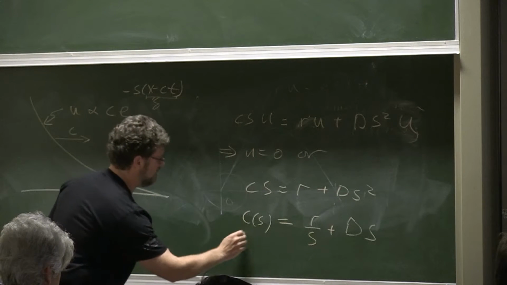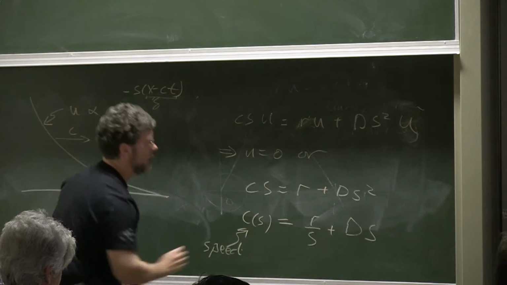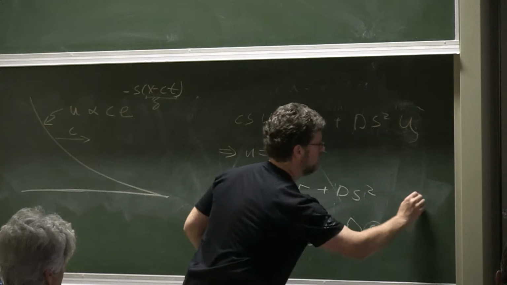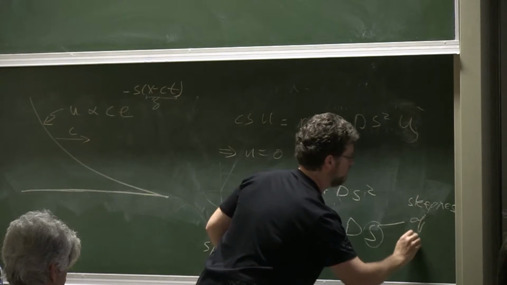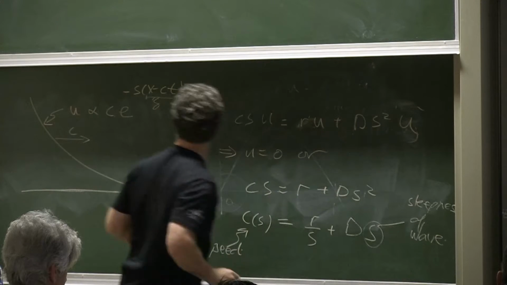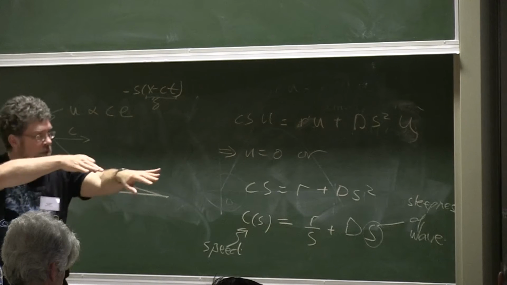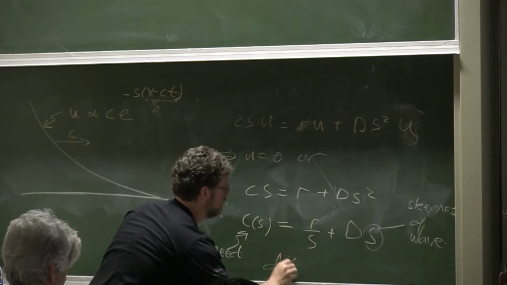Okay, so this is a speed, and the s is a steepness of the wave. Because when s is large, it's a steep wave, and when s is small, it's a shallow wave. And so this is what's called a dispersion relation.